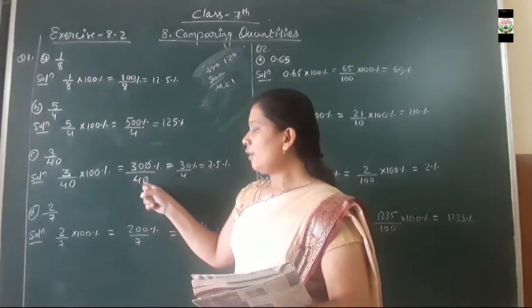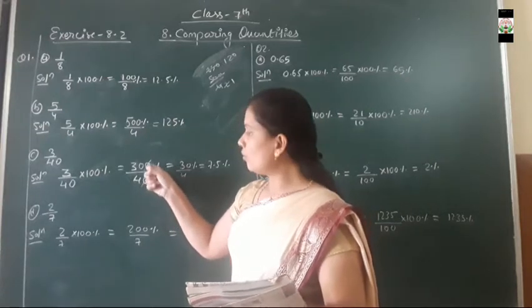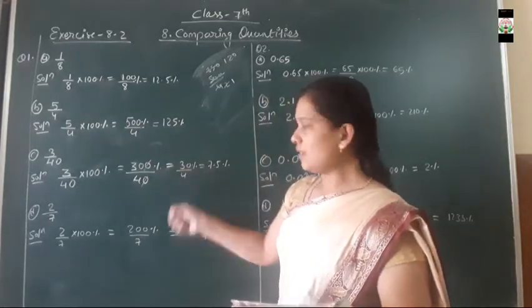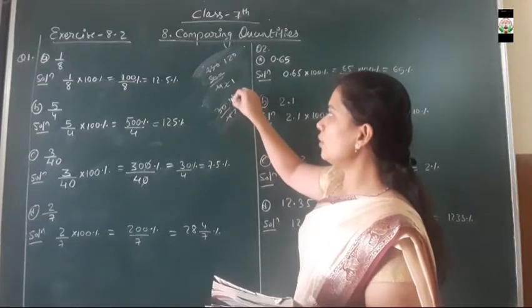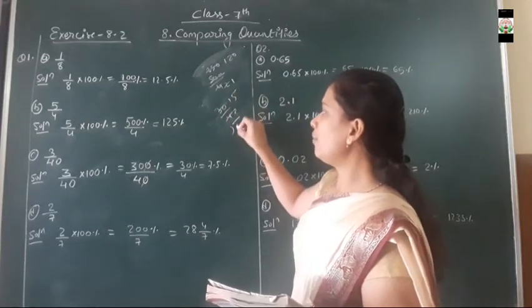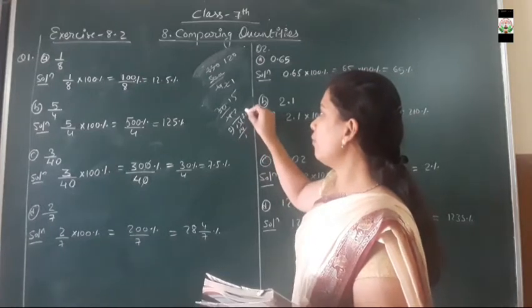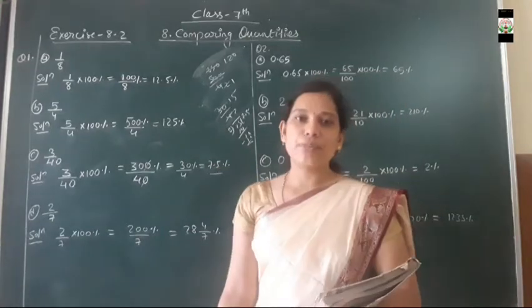Here one 0 is present in the denominator as well as the numerator. Both will get cancelled. So what is left? That is 30 upon 4. Now 30 upon 4 gets cancelled by the table of 2. That becomes 15 by 2. Now 15 will be divided by 2. Here it becomes 14, that is 7, 1.5. So what is the required answer? The required answer is 7.5.